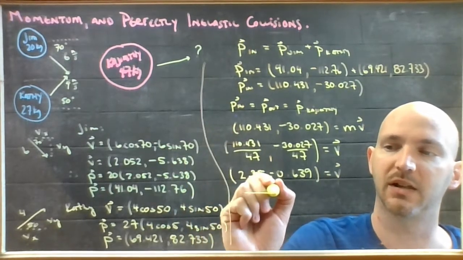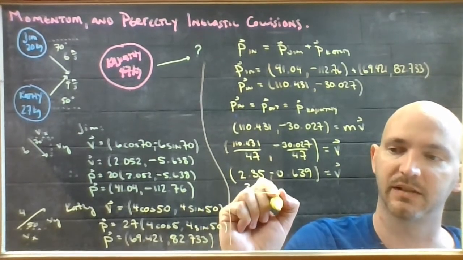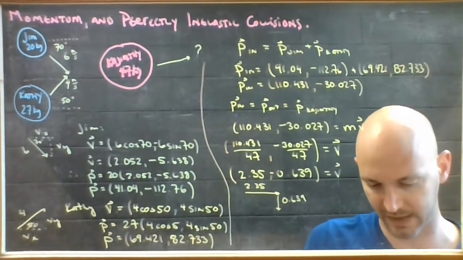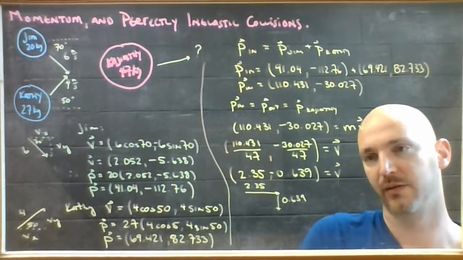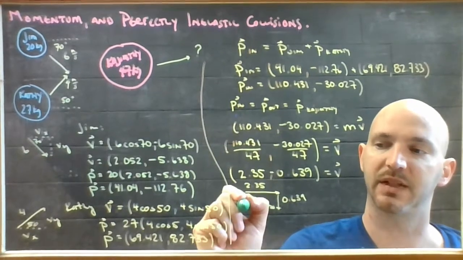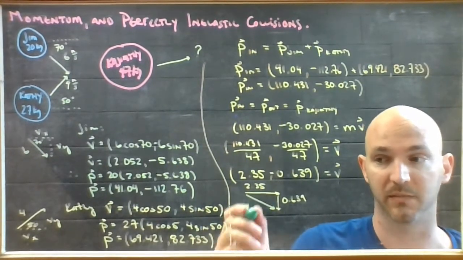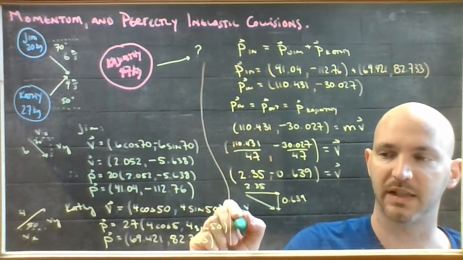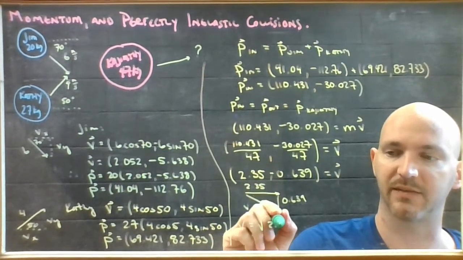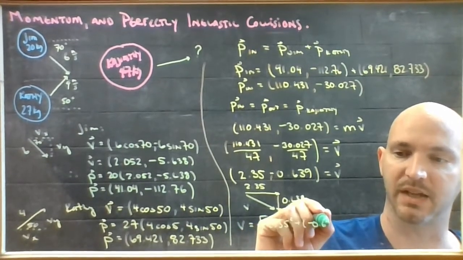So if I reconstruct that with a triangle, 2.35 this way and 0.639 that way, that's going to give me the full speed if I build it as a triangle using Pythagorean theorem. So my total speed then would be the square root of 2.35 squared plus negative 0.639 squared.